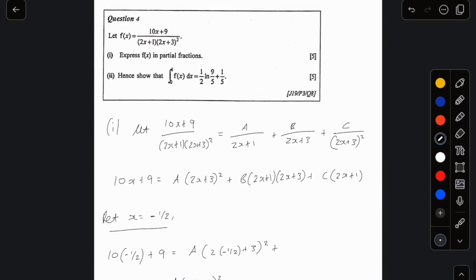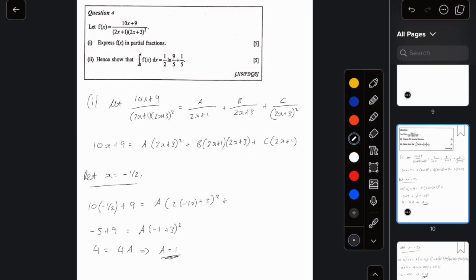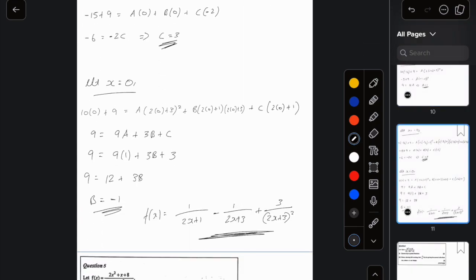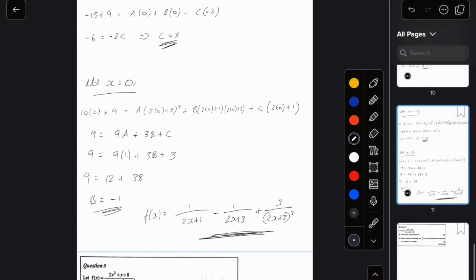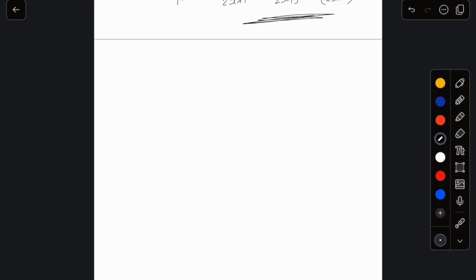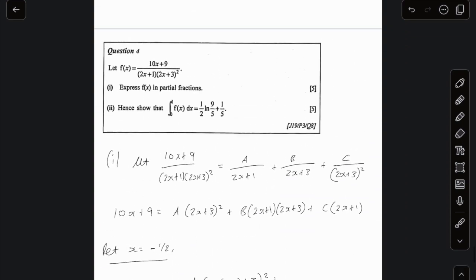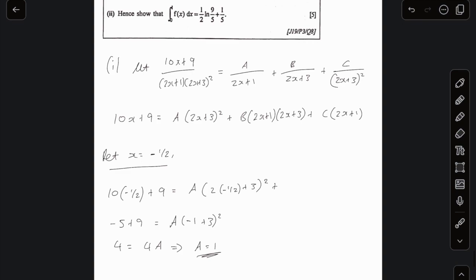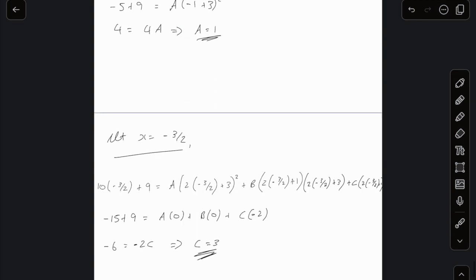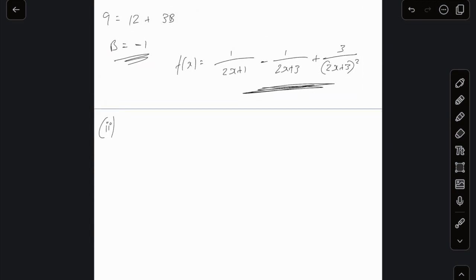Part I, sorry. Now for part II, it's a similar story. For part II, all we have to do is find the integral of that. Okay, so f of x is now this thing here. So we just need to find the integral of this.